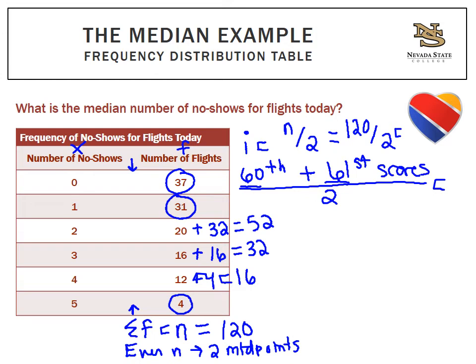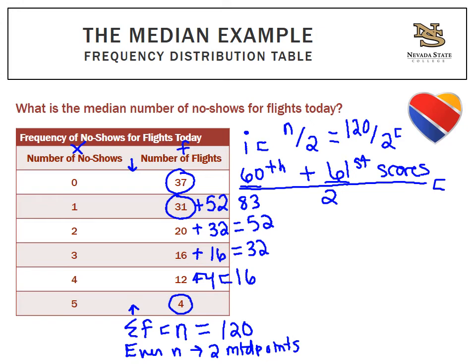And then we know the 53rd score, because we're adding it to 31, through the 83rd score are going to be a 1. So if we look at this, we can see that we're looking for the 60th and 61st scores, right?